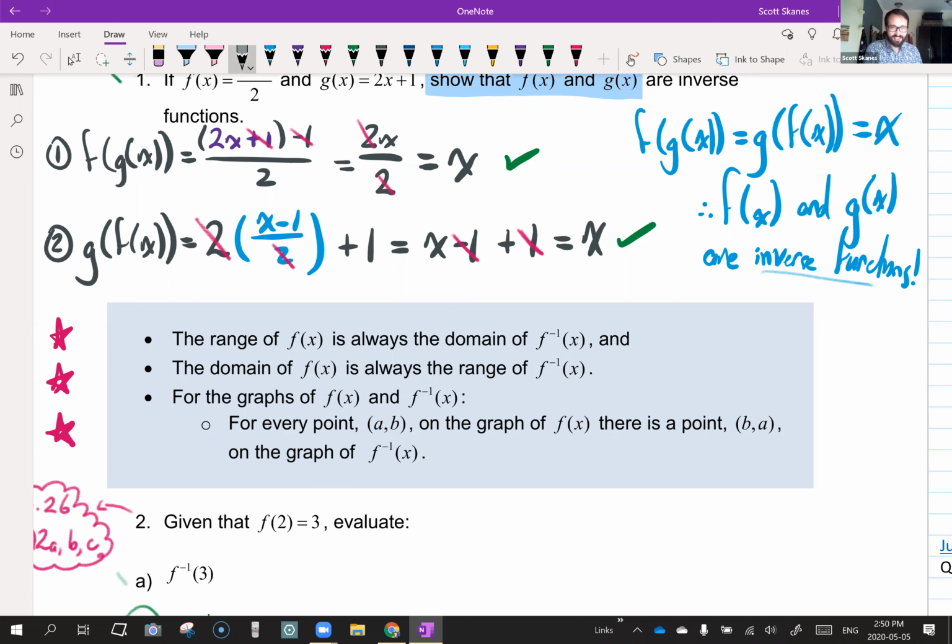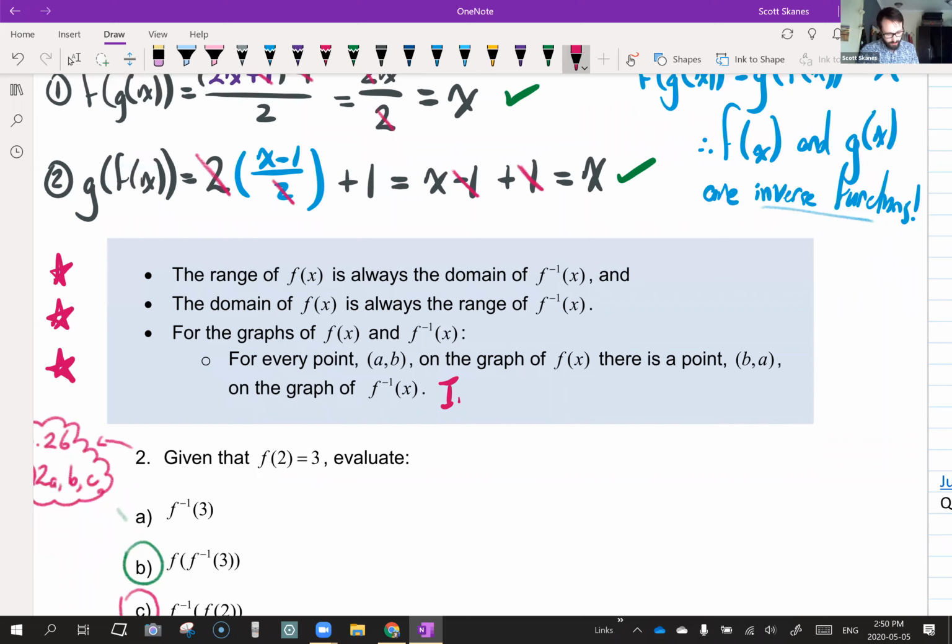So the range, what this is trying to say is that if you have a function, its inverse switches the domain and range. All right? What I'm going to say here, inverse is the change function.